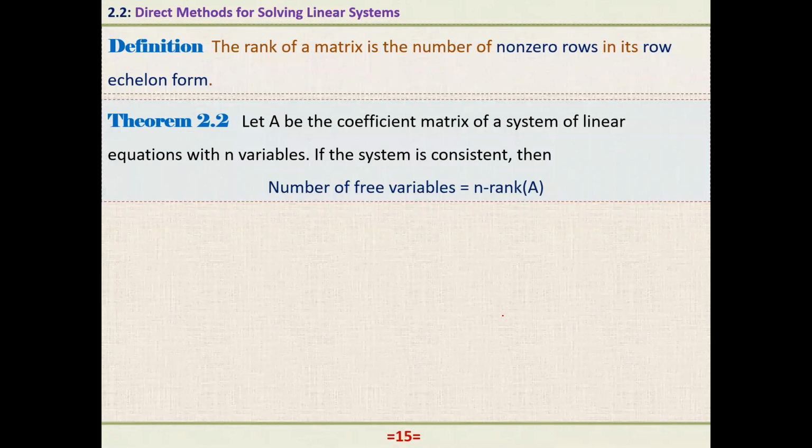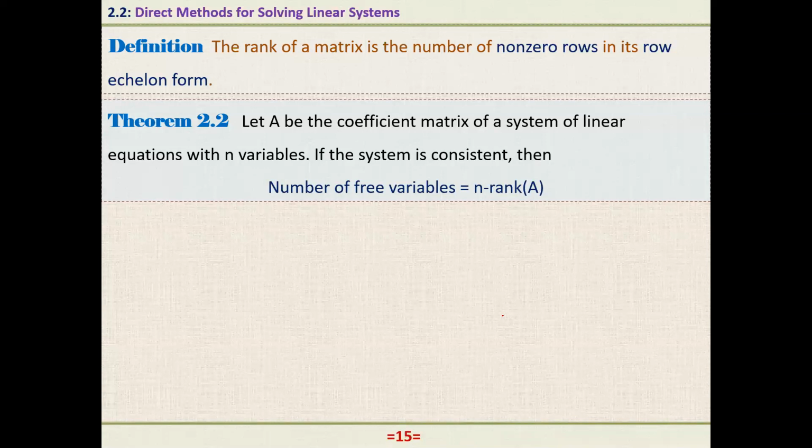So the rank of the matrix here is defined as the number of non-zero rows in row echelon form. So if you're given a matrix, first reduce it into row echelon form, and after that count how many non-zero rows the matrix has. So that gives us the rank of the matrix, and later we will see that it gives some information about the matrix. So that much is enough for now.